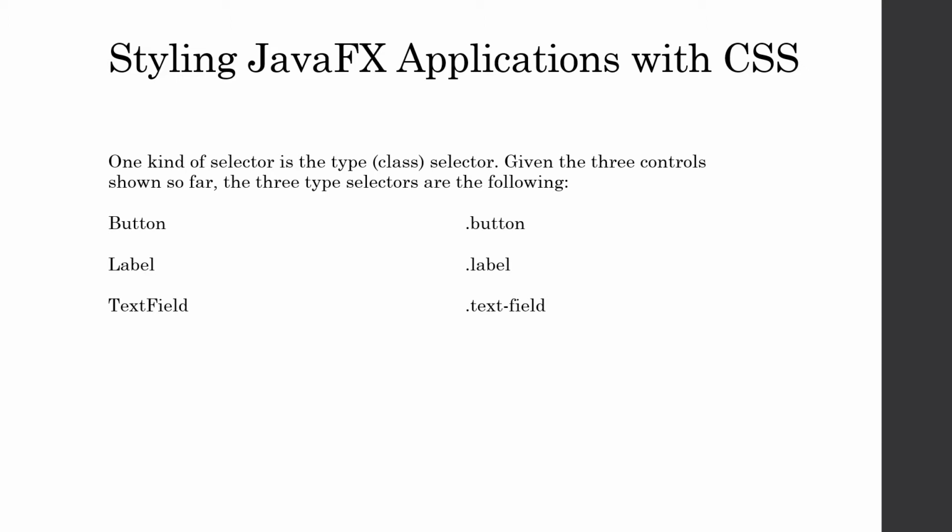So in this case, the first one's going to be doing it for button. You'll also notice that the name button in CSS is in all lowercase. This is also going to be the same for label. So we see dot label, and it's going to be in all lowercase when we do it in CSS. And then for text field, we're going to do dot text dash field. So when we need to separate out the words, text and field, we're going to use a hyphen between them.